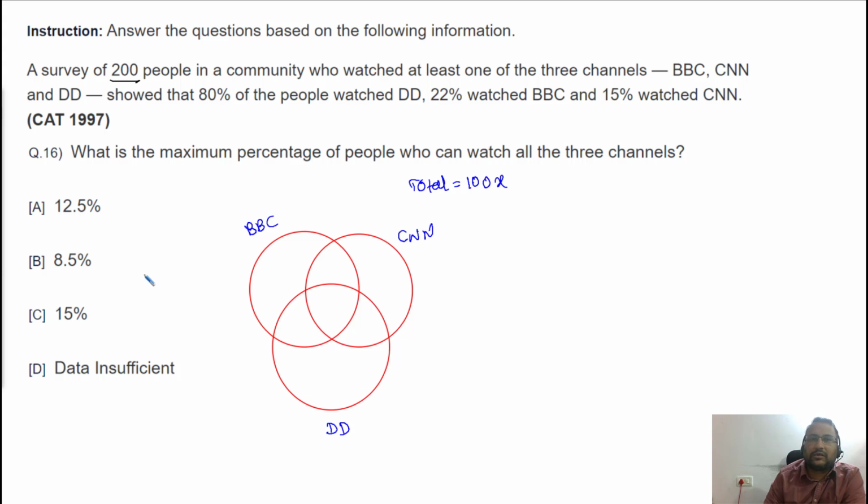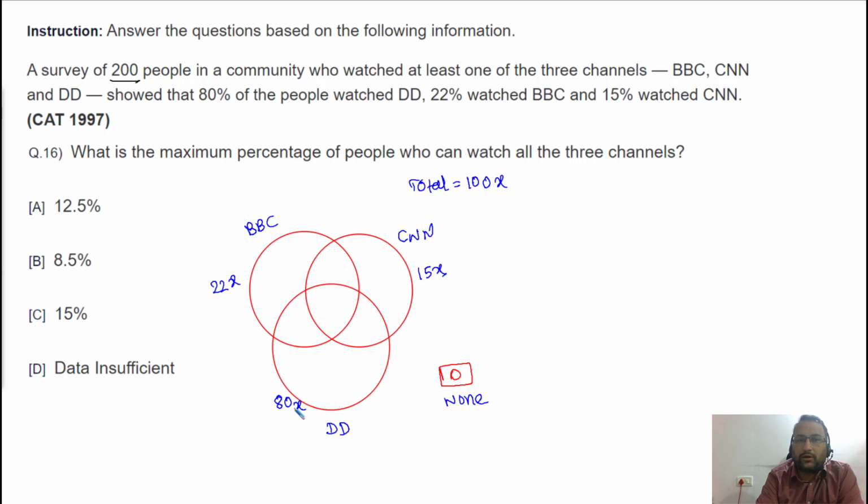And over here it is given that every person watches at least one channel, so the value of none is 0 over here. The value of DD circle is 80x, 80%. The value of BBC circle is 22x. The value of CNN circle is 15x.